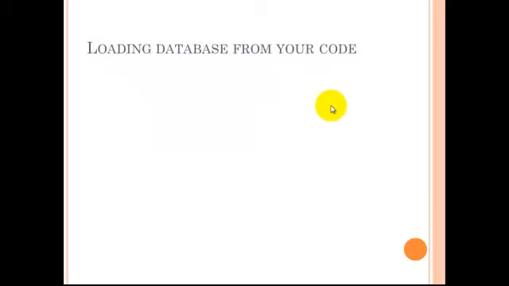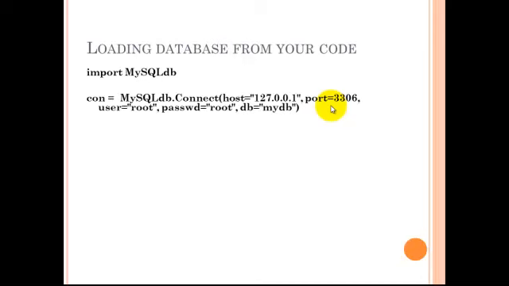Loading the database from code: MySQLdb is one of the standards we can use for the connection. The MySQLdb library has a function called connect, which helps me establish the connection with the host. Here you can use localhost or the standard IP for localhost, or you can use the IP address of your machine.